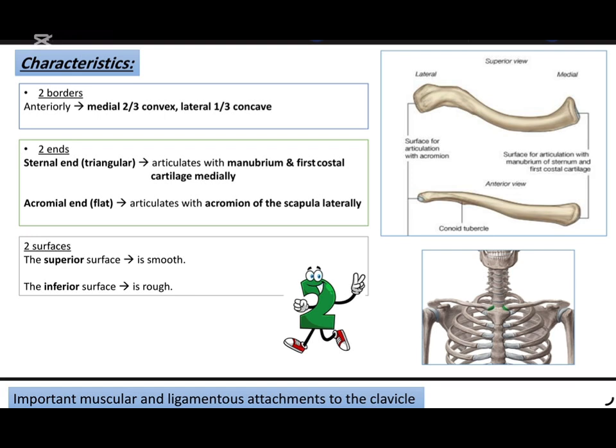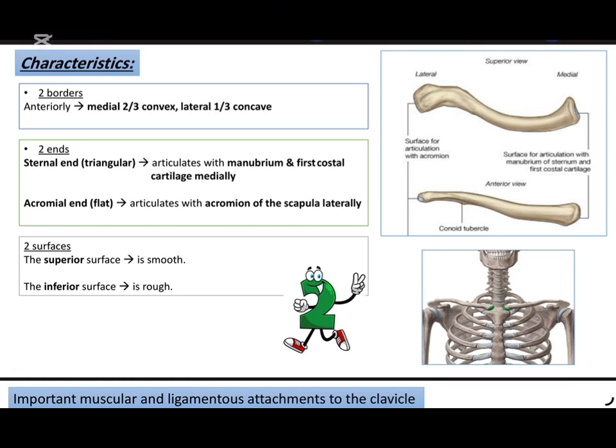So this is the sternal end according to the attachment. This is the lateral end, this is the medial end according to the anatomical position, or the flat end and the triangular end according to the shape. So this is regarding the ends of the clavicle.